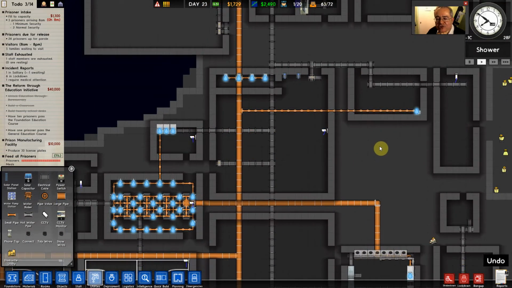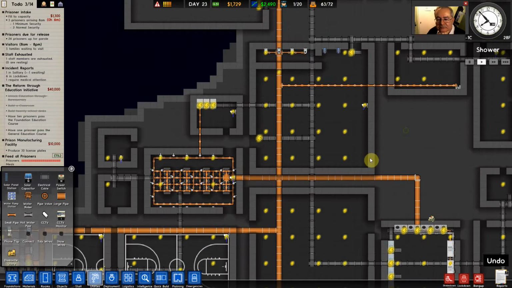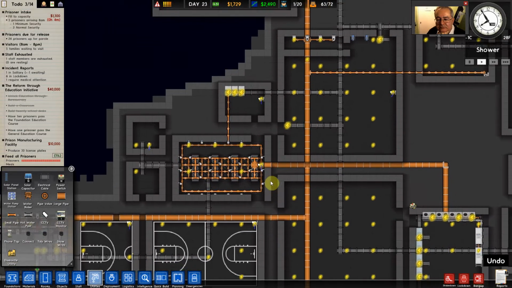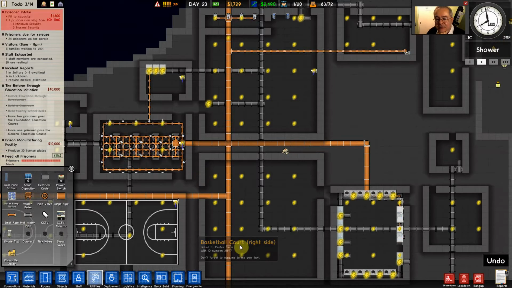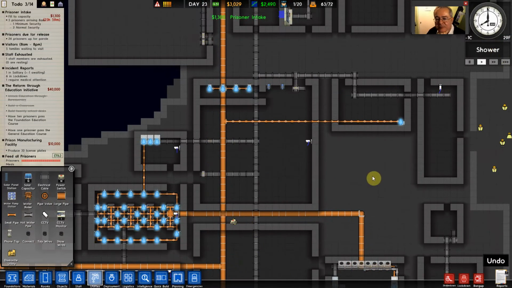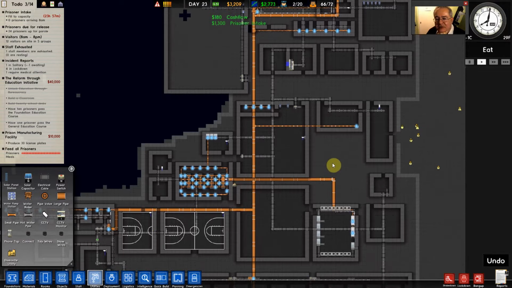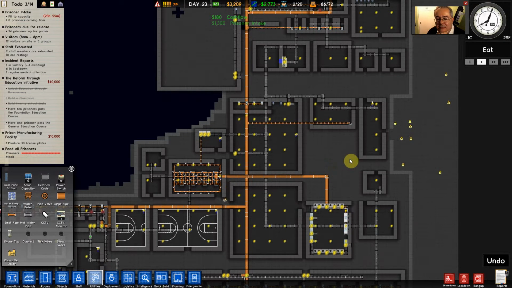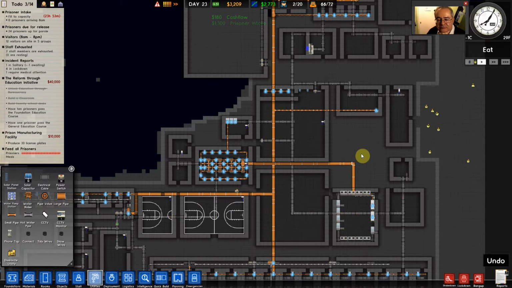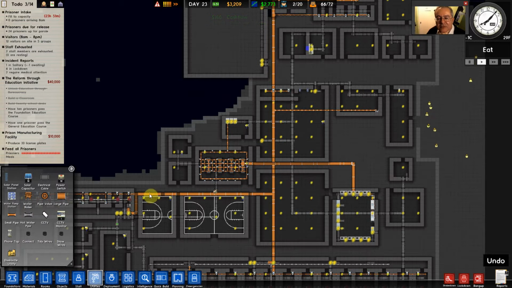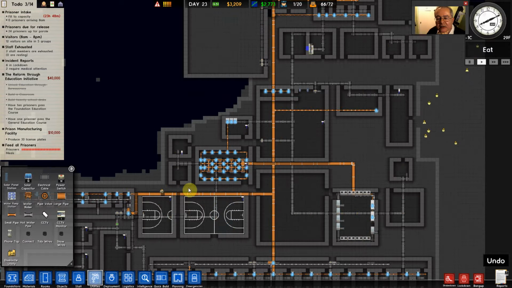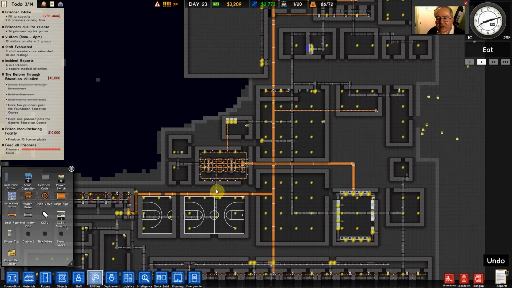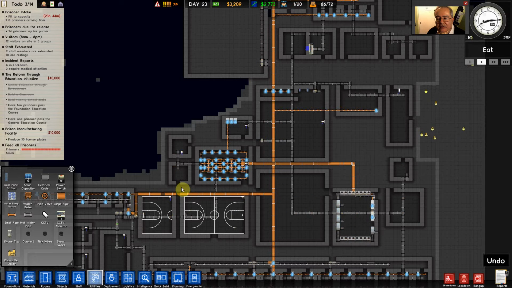I think I need a fresh supply going up this way, but I want the option to bypass these rooms, really. So a cable coming from here up here. Up here maybe.